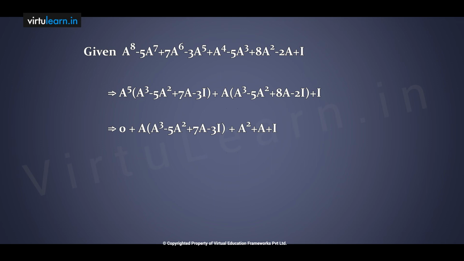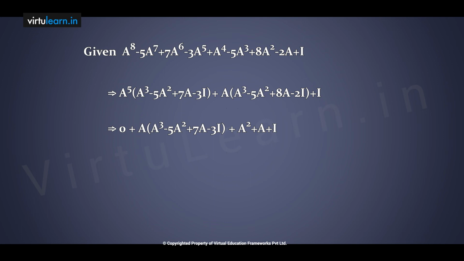Now from the first equation, A power 5 into this total term is 0, right. Now A into, I need here A cube minus 5A square plus 7A, but the extra term 8A is available here. Now I will consider only 7A, the remaining term A I will write in the next part.